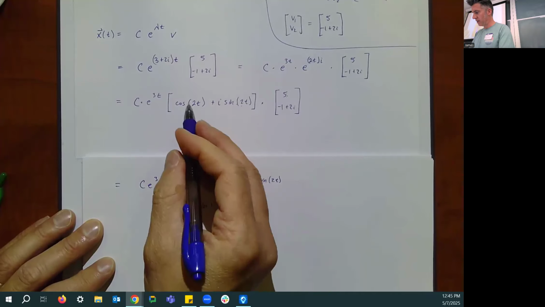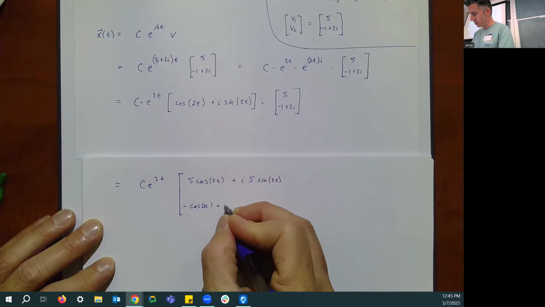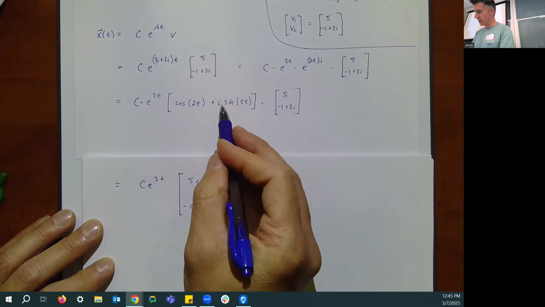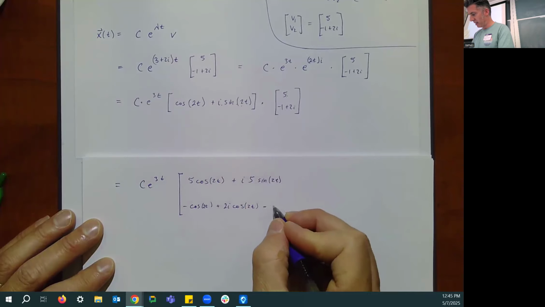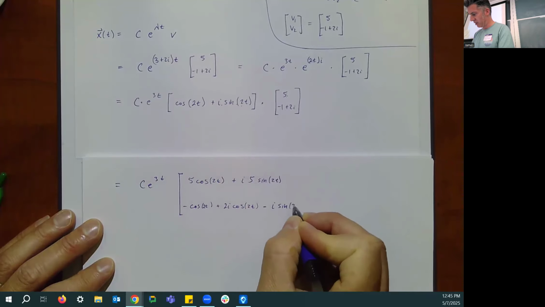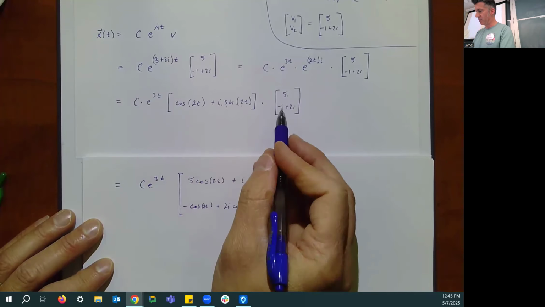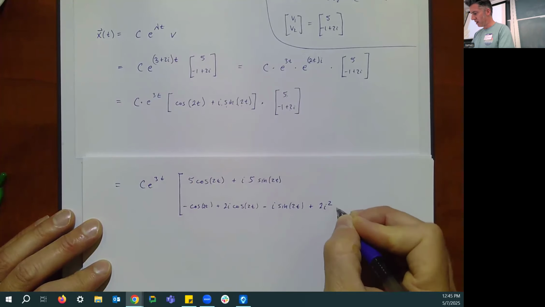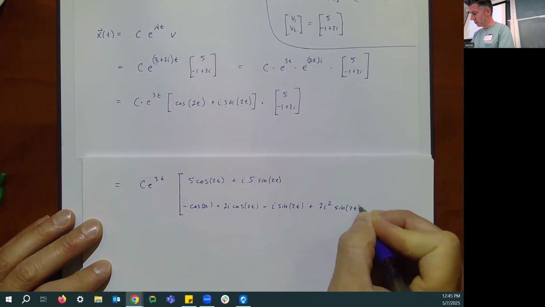And then cosine times 2i, so 2i cosine of 2t. And then I'm going to have i sine times -1, so minus i sine of 2t. And then finally, i sine times 2i, so plus 2i squared sine of 2t.